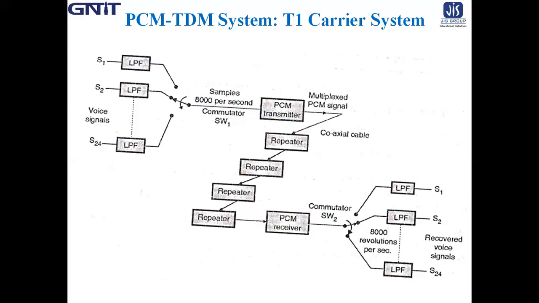So the commutator sweeps continuously from say S1 to S24 and then again S1, at the rate of 8,000 revolutions per second, thereby providing 8,000 samples per second of each signal.